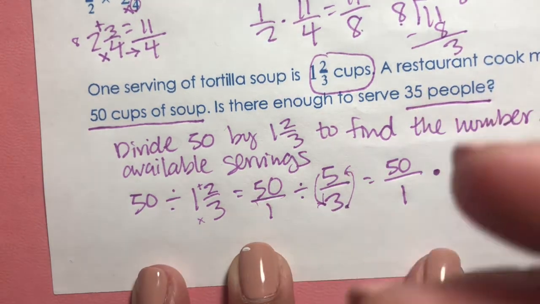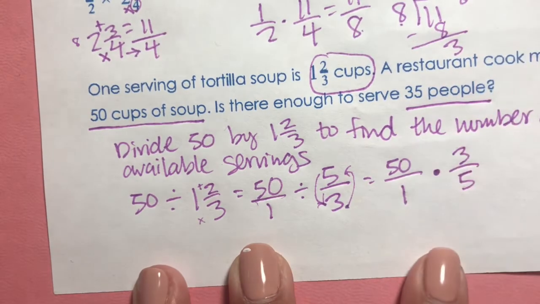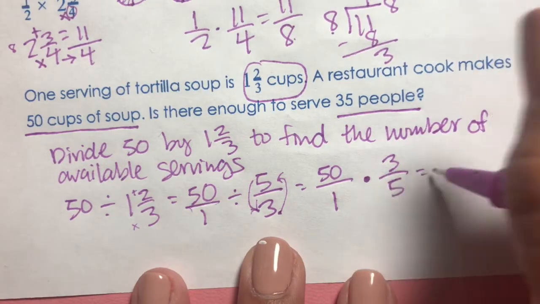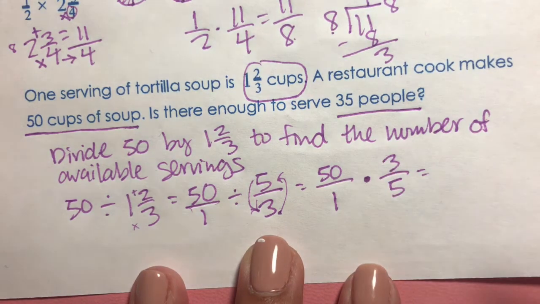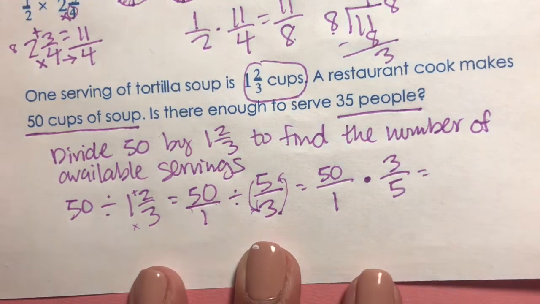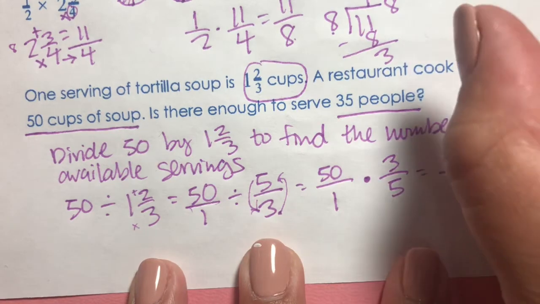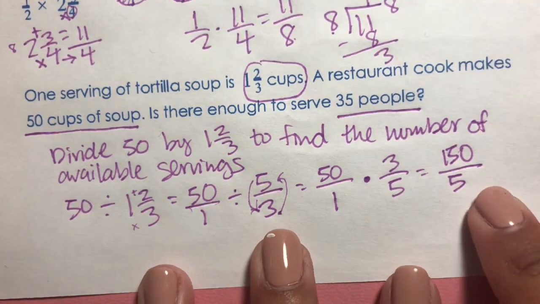So 5/3 becomes 3/5. That's our reciprocal. Then we just multiply across. 50 times 3 is 150, and 1 times 5 is 5. So now we have 150 over 5.